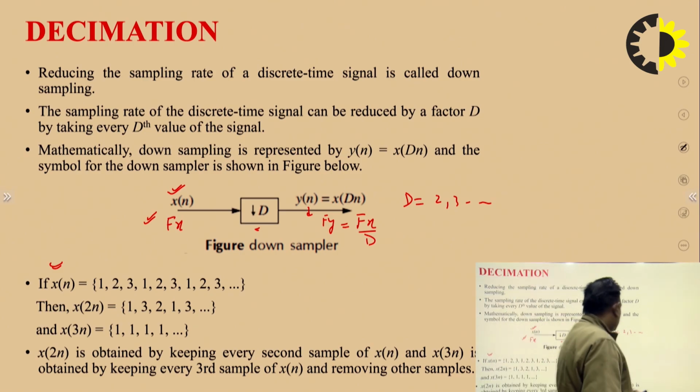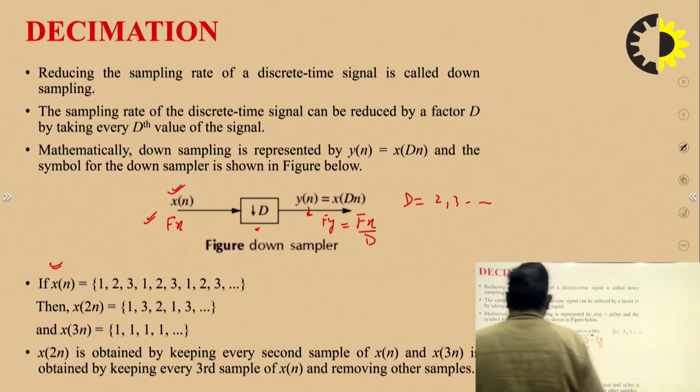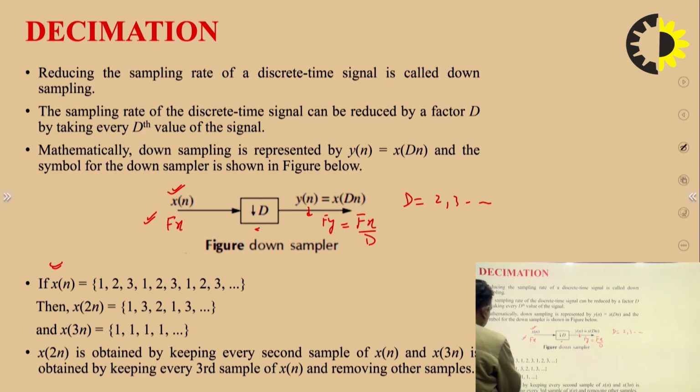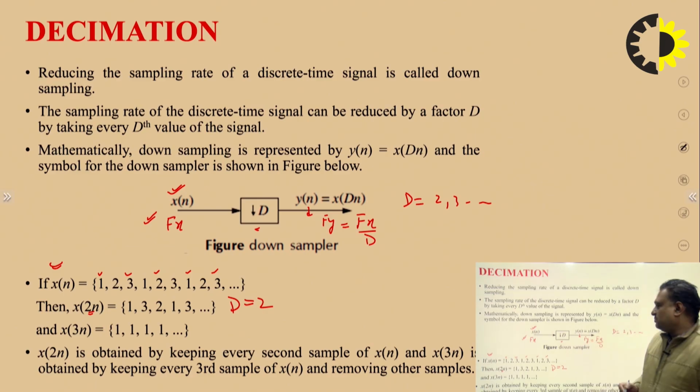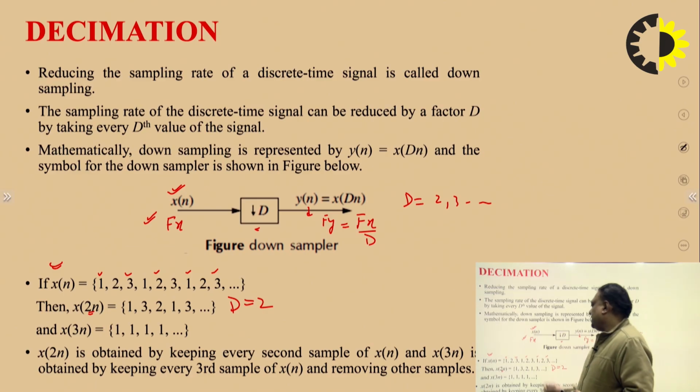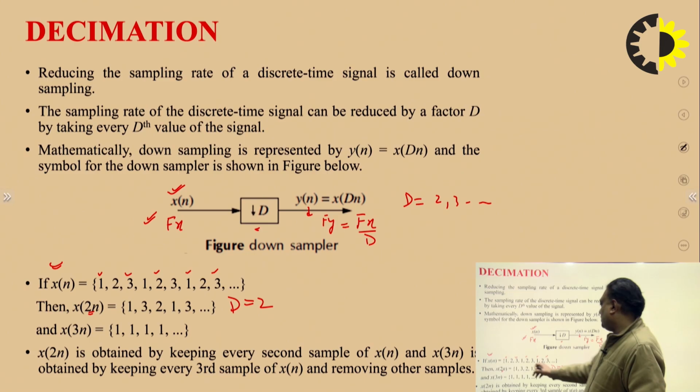If we want to calculate the value of x(2n), where D equals 2, then after 1 you will get 3, then again 2, then 1, then 3. It means when D equals 2, we have to remove one sample between the adjacent samples. So after 1 we take 3, after that we take 2, and like this.